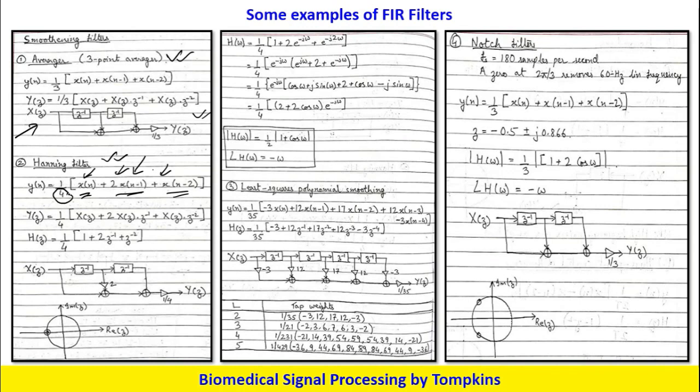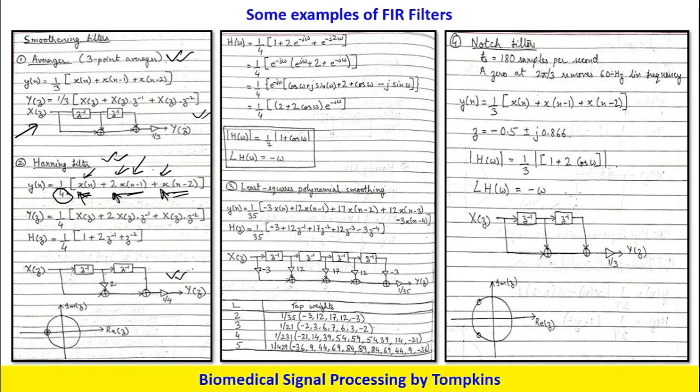In any kind of averager, the sum of the coefficients is used to divide the polynomial function. In this way, we have been able to design this Hanning filter quite easily.